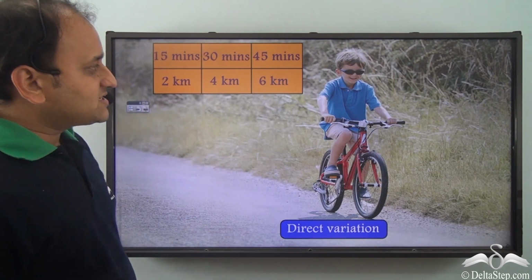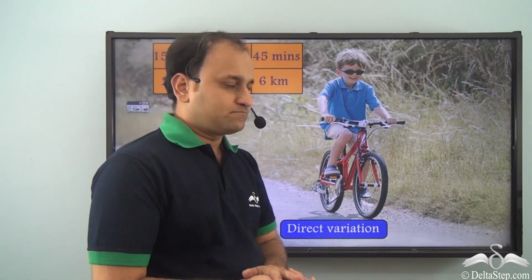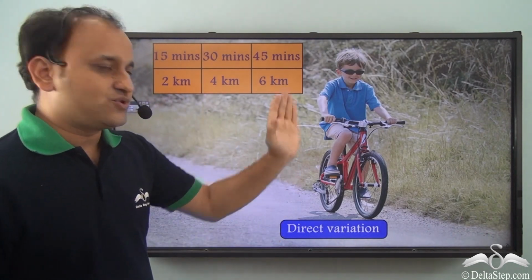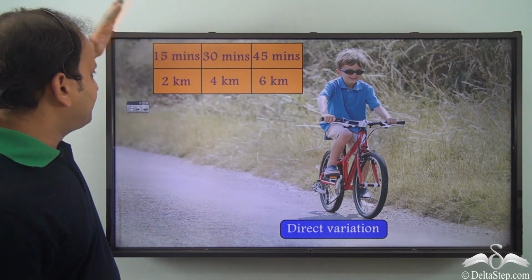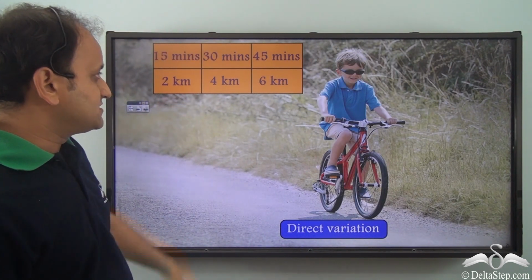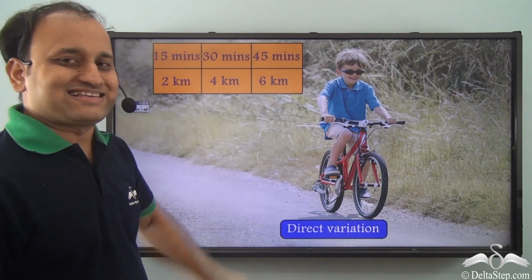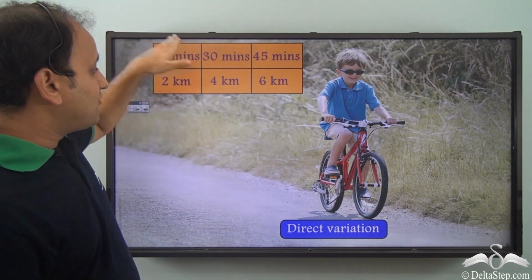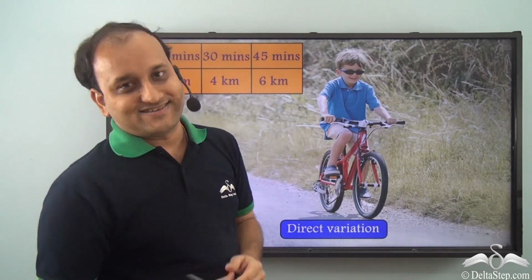So now let's come to the example of Jack. So what do we know about Jack's journey from his home to his uncle's place? Well, in 15 minutes he covered 2 kilometers, in 30 minutes 4 kilometers, and in 45 minutes 6 kilometers. So as the time increases, the distance covered by Jack also increases.